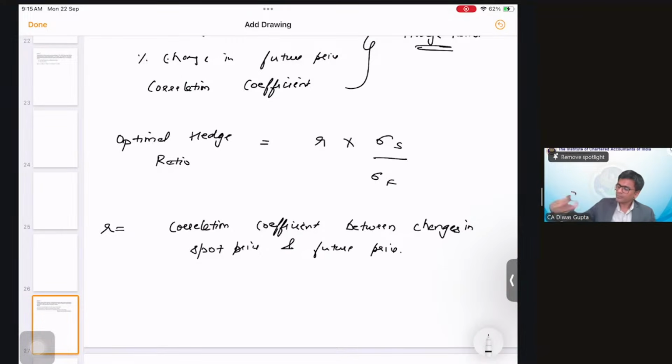That is R. R is the correlation coefficient between changes in the spot price and future price. This is what is mentioned in the question also.